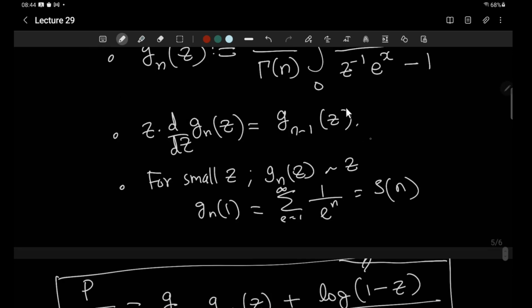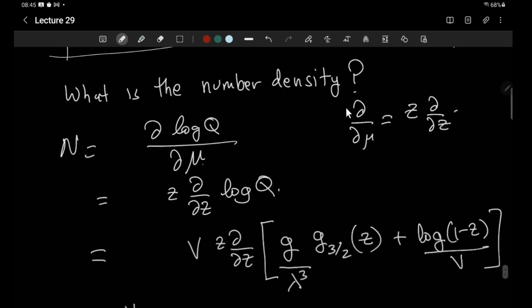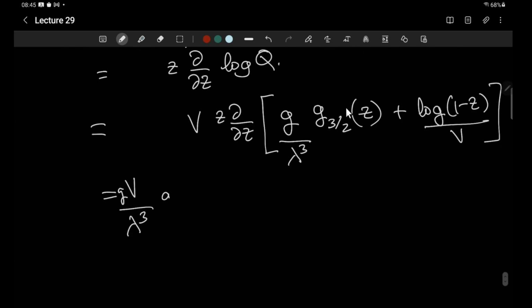So we use this z d by dz of gn of z is just gn minus 1. So this will be g half of z. Okay, and log will be log of this thing will be plus.